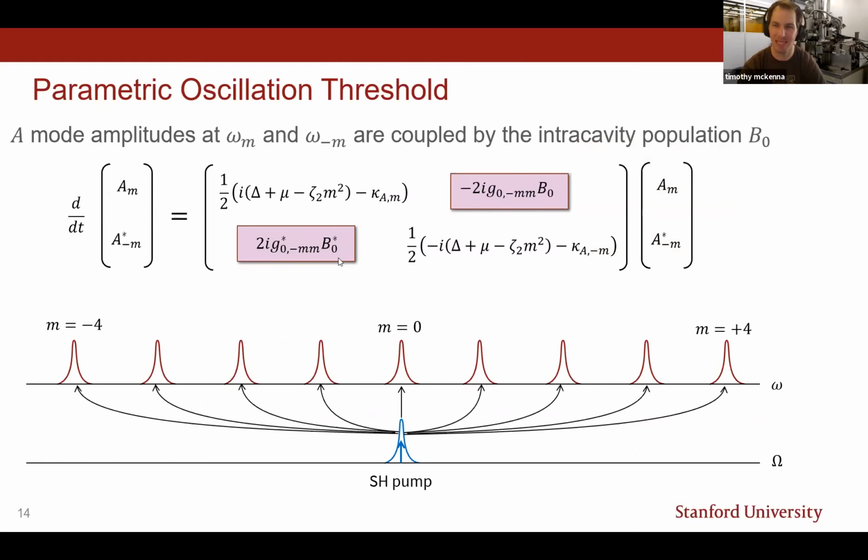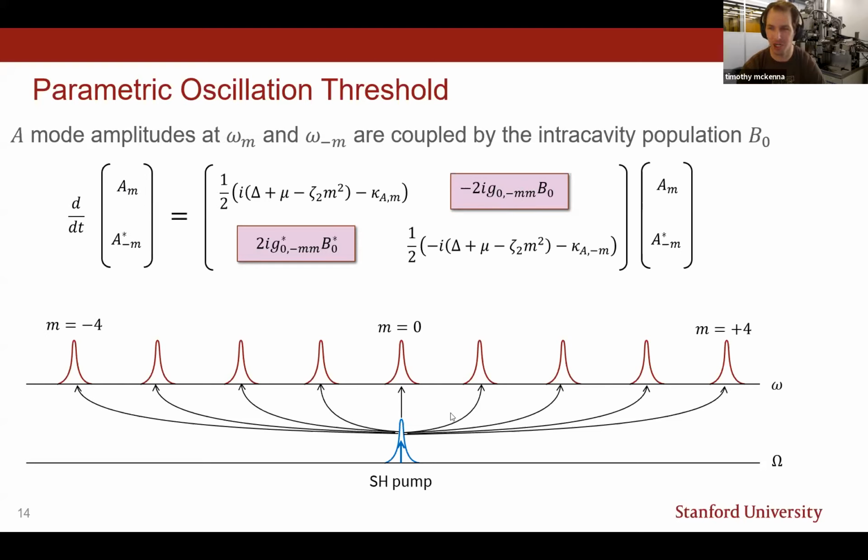What we see is that as the intercavity population at the second harmonic, the B modes, increases, these off-diagonal coupling terms increase. They can increase to a point where the eigenvalue of this matrix becomes positive, which means you have an instability, which means you have oscillation at the omega M and omega minus M modes.